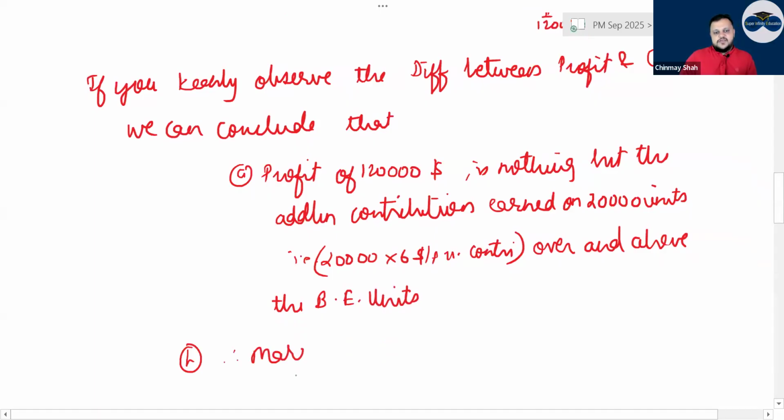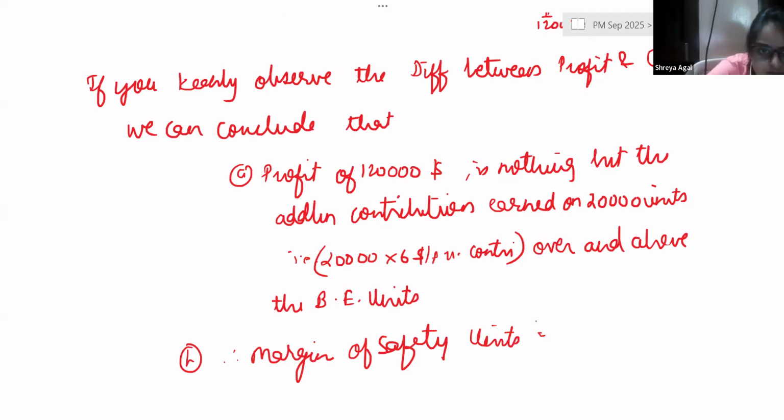Therefore, if I ask you margin of safety sales or margin of safety units, how many are margin of safety units? Can you tell me? How much is the total? Total sales is how much? So how do you find margin of safety units?